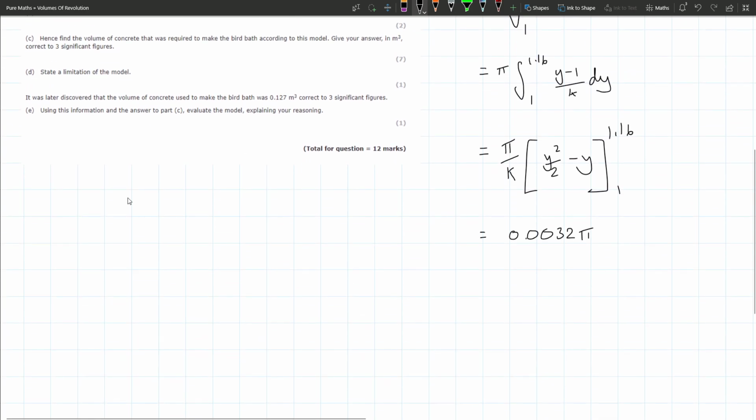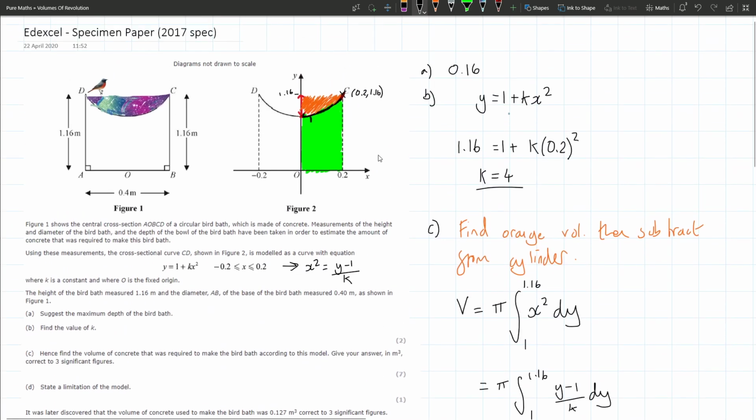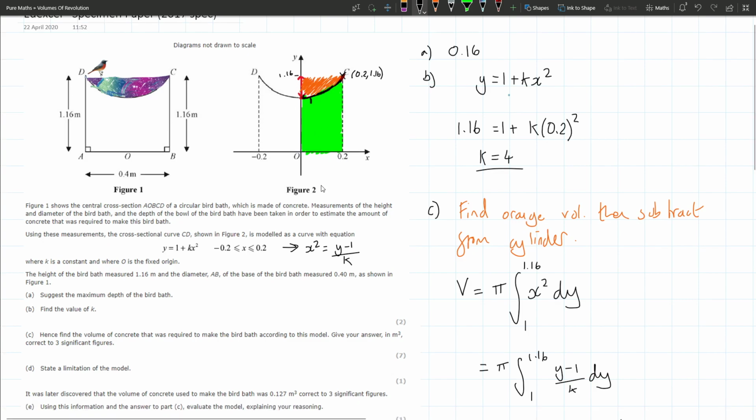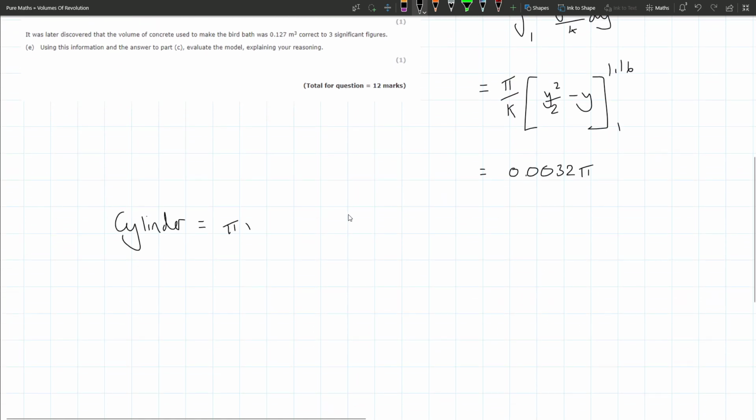So now we'll say, well, the cylinder is just pi r squared h. So if we do pi times r, which is the 0.2 here, and then the h is 1.16, it's pi times 0.2 squared times 1.16, which is, where is it, I've got it written here, 0.0464 pi.